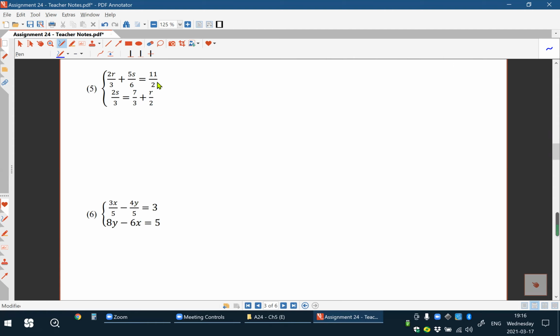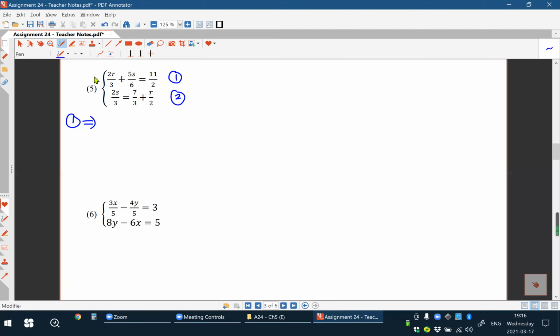So I think it's better to use substitution method. So let's solve R in terms of S or solve S in terms of R. Okay, for example, from equation 1, we can solve R in terms of S.